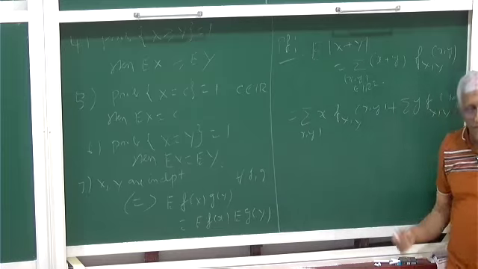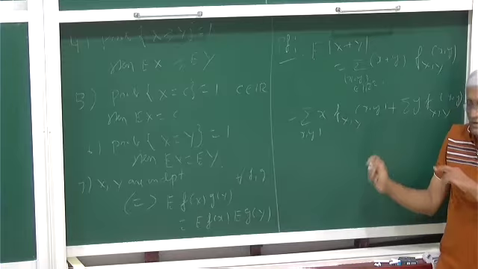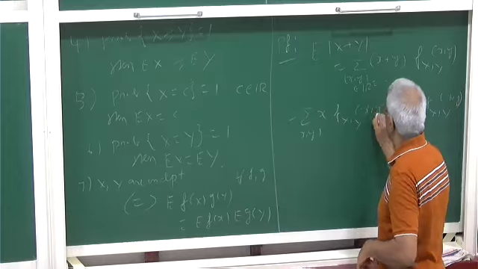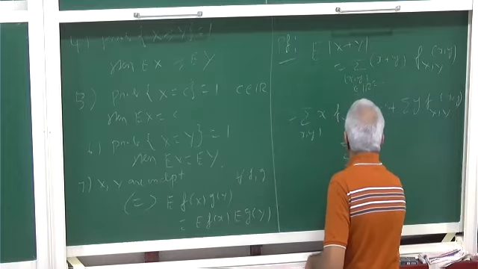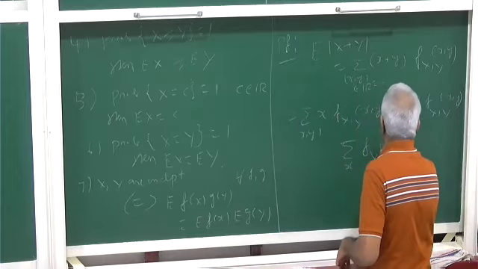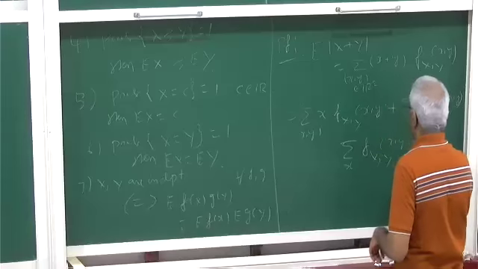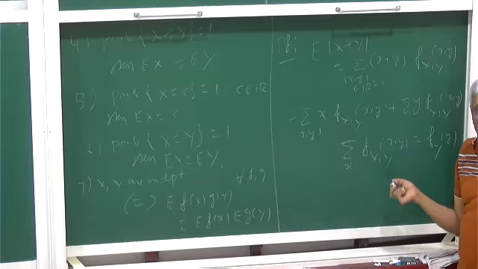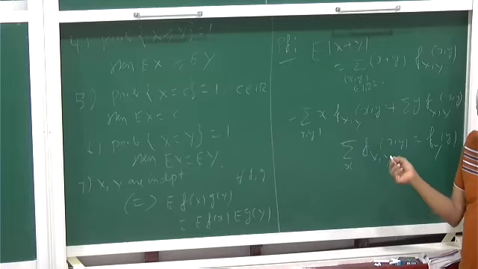Now, if you have the joint density and you sum over one of the coordinates, the summation over x of f(x, y) is equal to f_Y(y). Similarly, the summation over y.